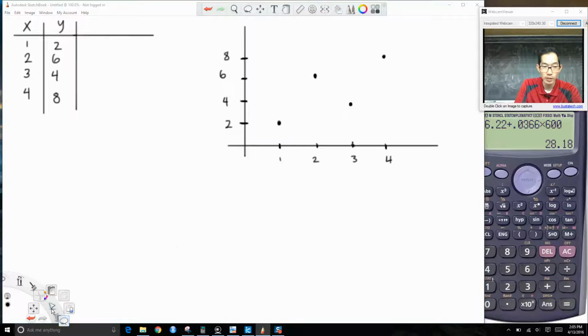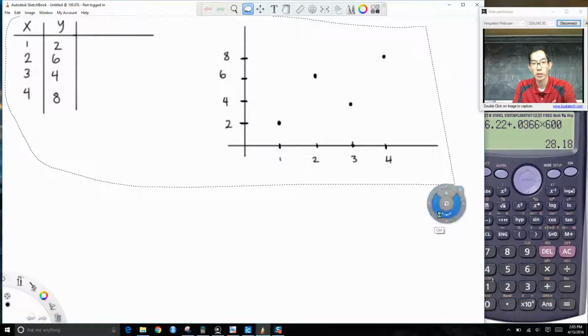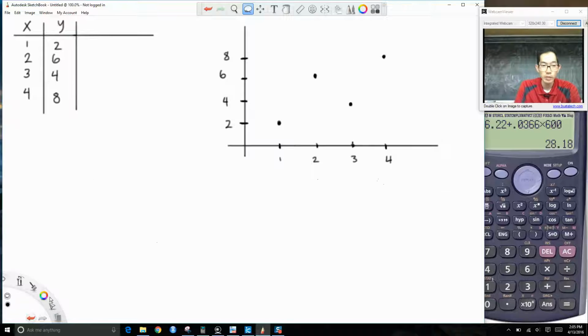Let me copy this plot. Then we said maybe we have a candidate line that goes like this.